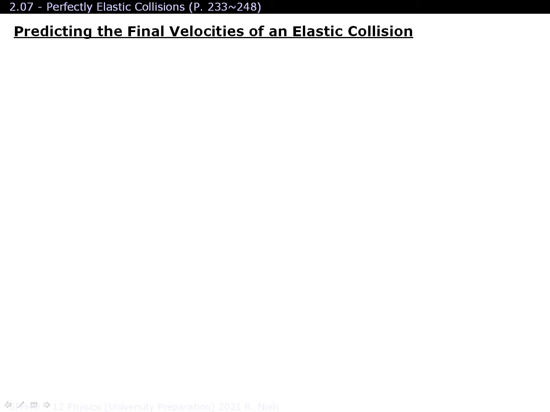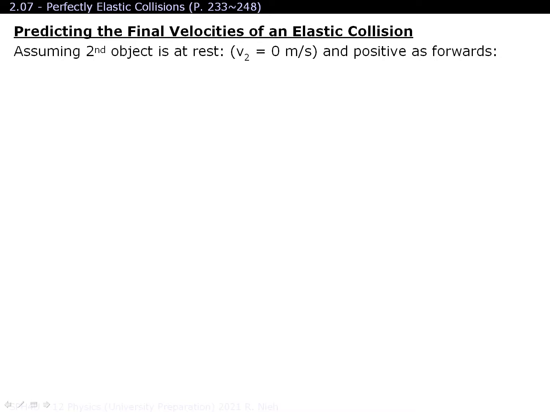All right, we're talking about a perfectly elastic collision, and in these cases, kinetic energy is conserved and momentum is conserved as well. To make our calculations a bit simpler, let's just assume that the second object is at rest, and this will make a smaller formula at the end. All right, and we'll deal with cases where V2 is not equal to 0 later on.